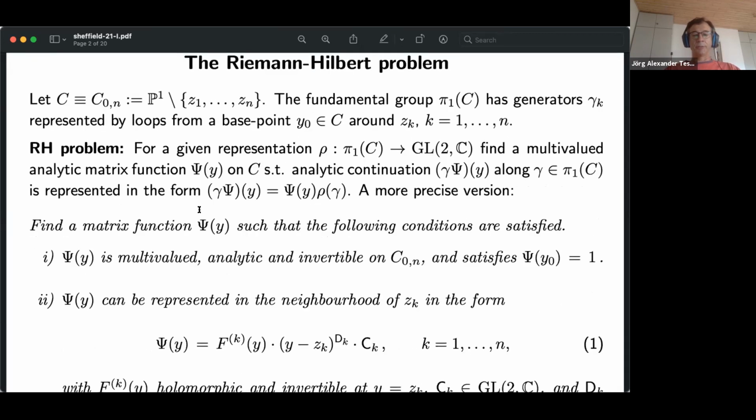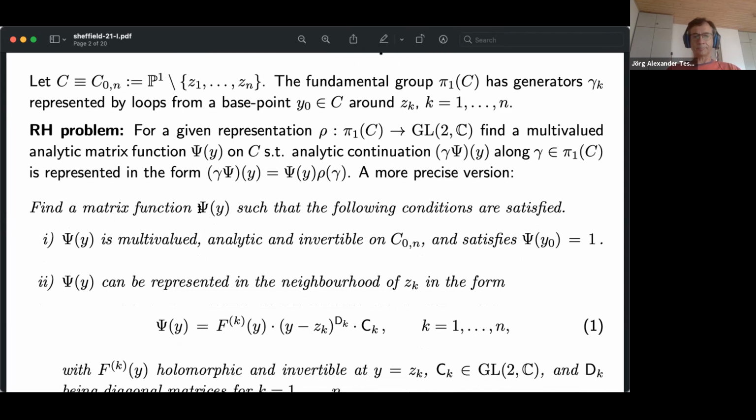And the classical Riemann-Hilbert problem, in a loose sense, we'll make it a little more precise in a moment, is to associate to each of these basic loops a matrix, in our case in GL2C. There's of course a choice here. We could also make SL2C, or SLNC, but to be specific, let's talk about GL2C for most of the time.